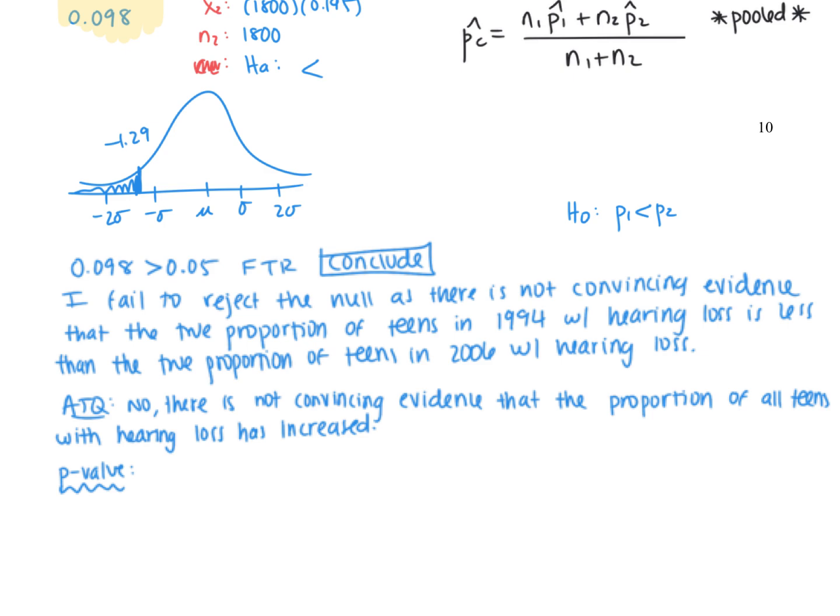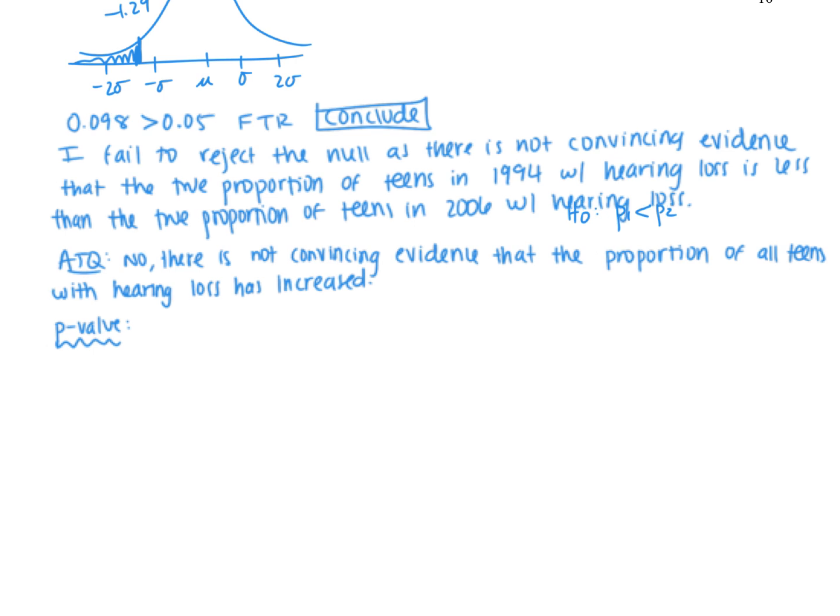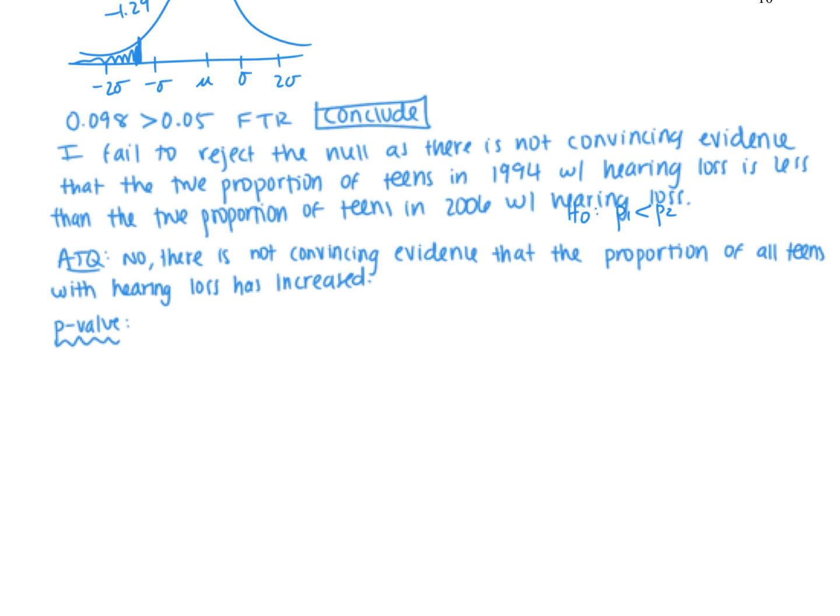And then we are, just for fun, going to interpret our p-value. Okay, assuming, normally we write the null is true. I want to write that in context though.